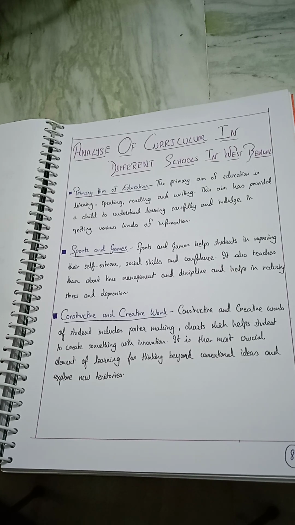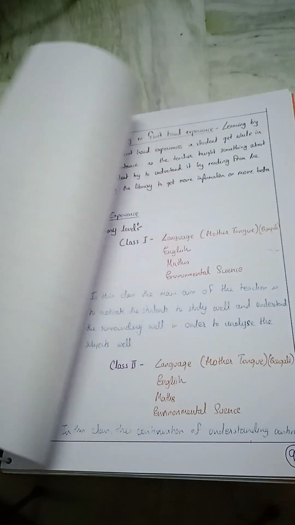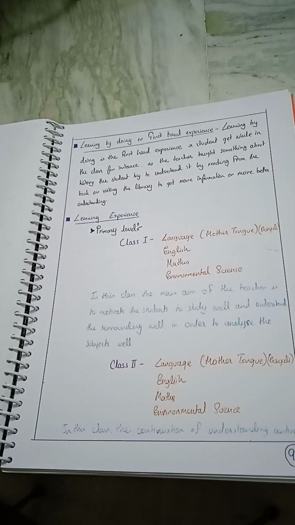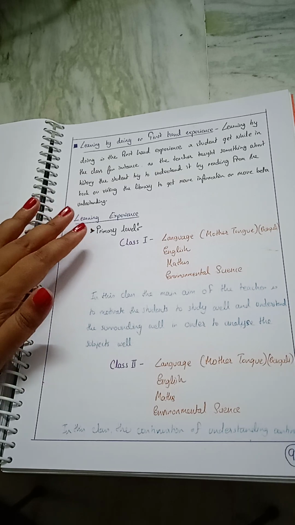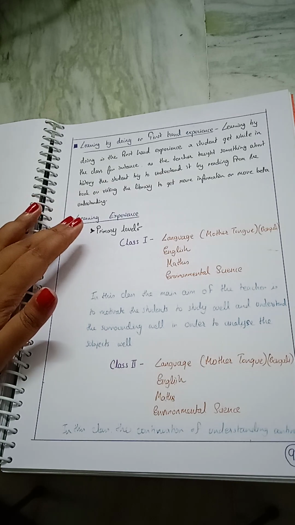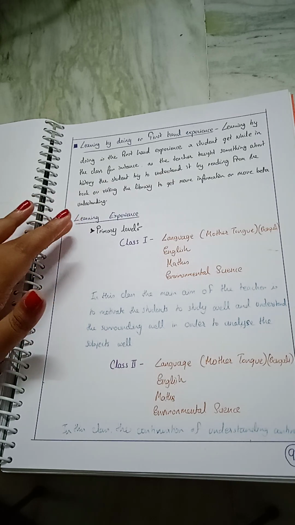Then constructive and creative work means anything innovative or creative, like crafts and everything, that you have to do to make the students think out of the box. Then as you can see, learning by doing, or first-hand experience, whatever first-hand experience the students have in the class, that you have to write from here.